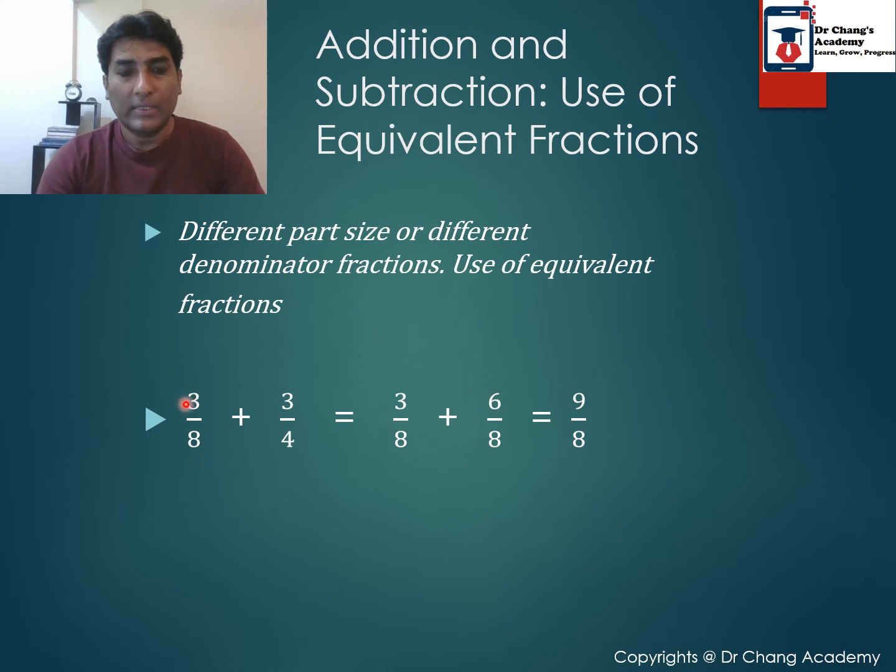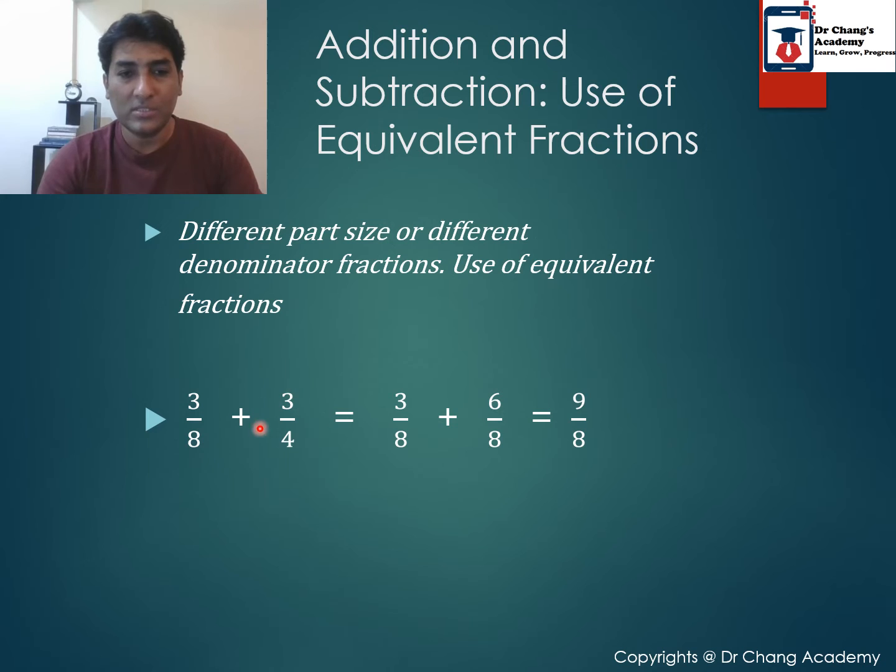And 3/8, we already have eighths, so we don't need to change it. So we just multiply 4 by 2, we get 8 here. So 8 becomes the denominator, and we raise the numerator in the same ratio. 2 times 3 is 6. So 6/8 is actually the equivalent fraction of 3/4.